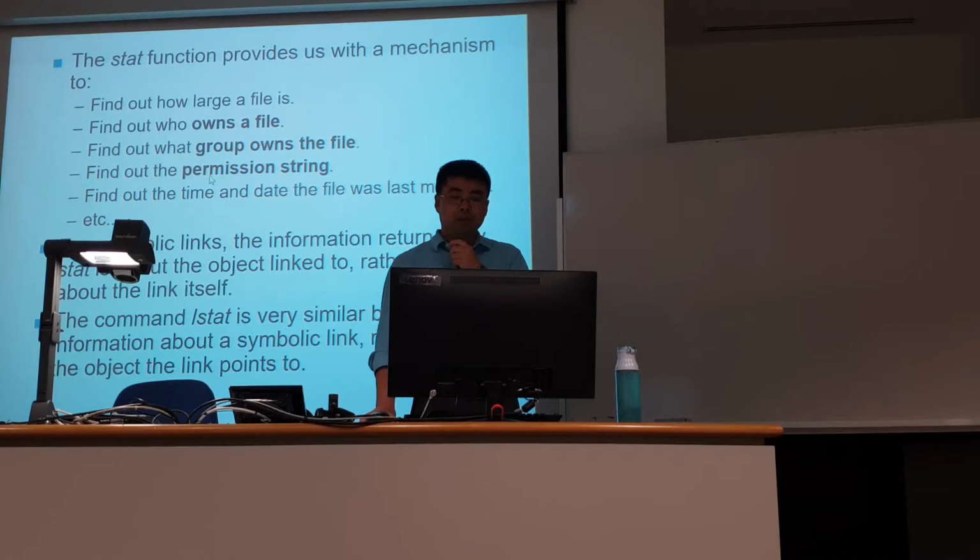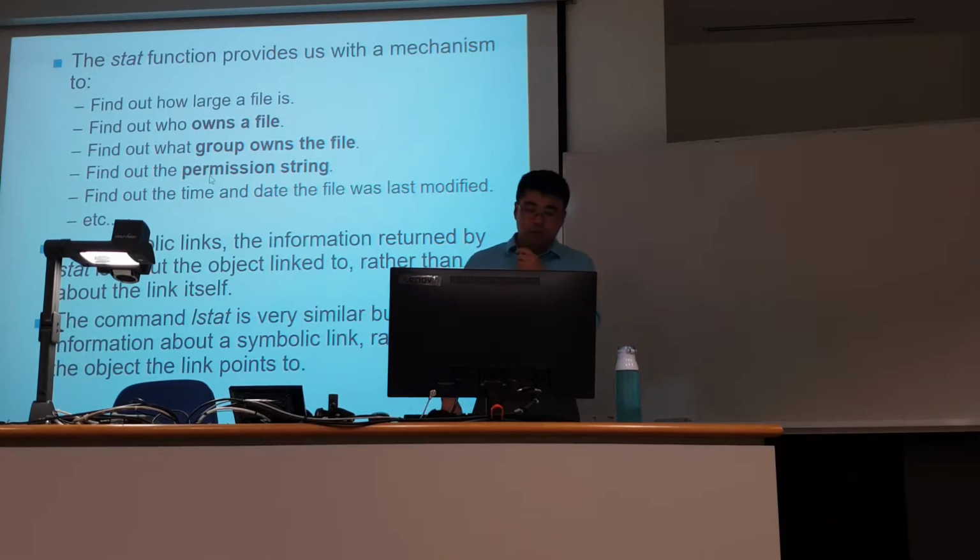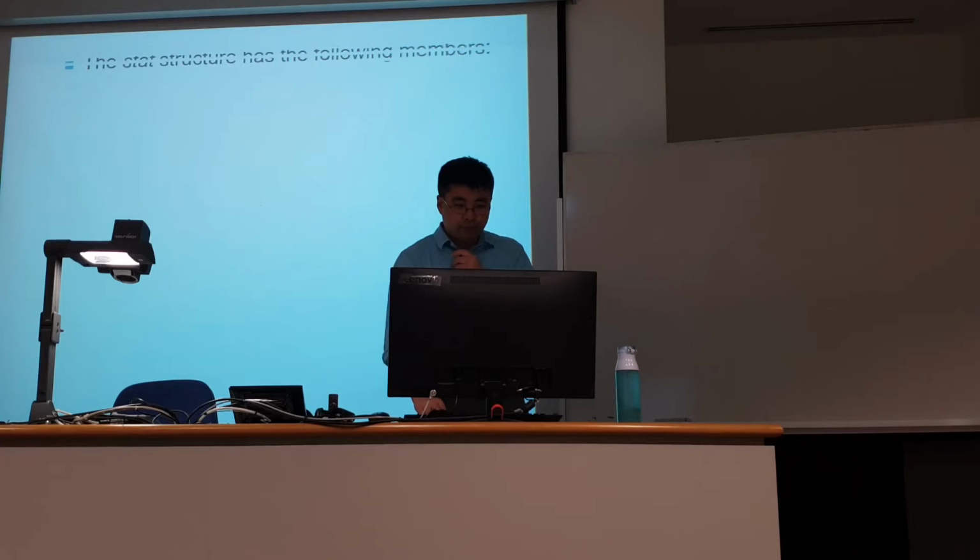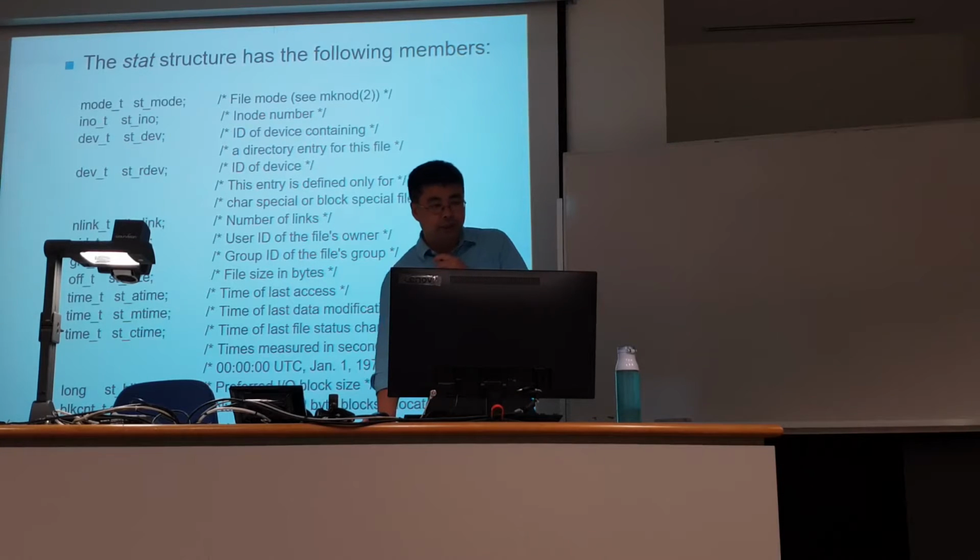This is the permission string we just looked at, where we do the permission assignment. You can also find other information, for example, the owner's user ID, the file's group ID, and the file size.